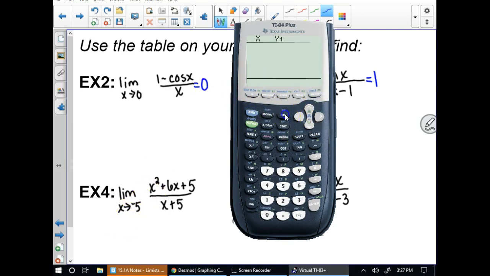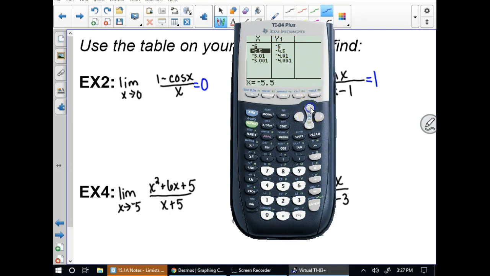So let me delete out the values I have in here. So from the left, values would be like -6, and -5.5, and -5.01, and -5.001. And so forth. And we can see this looks like it's getting closer and closer to -4.